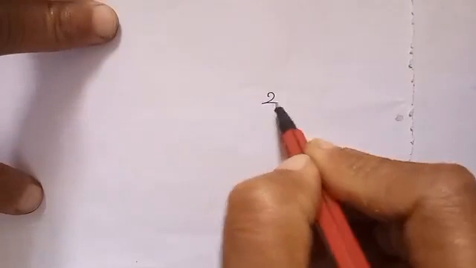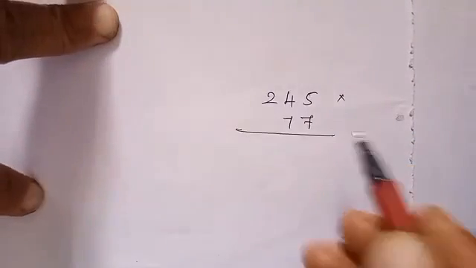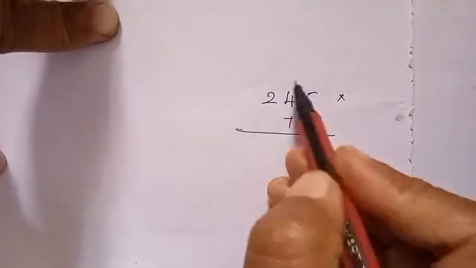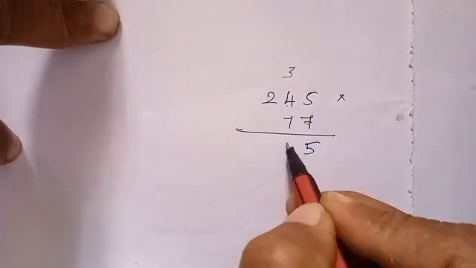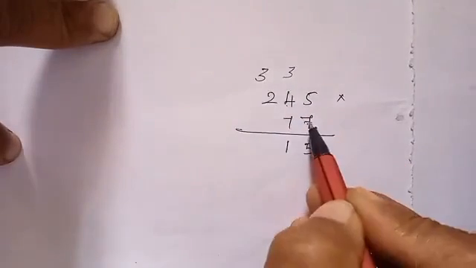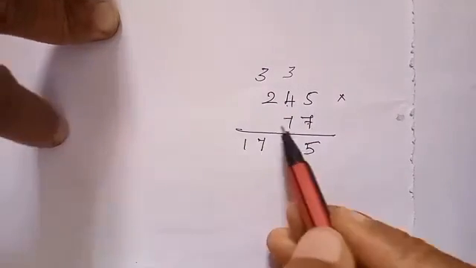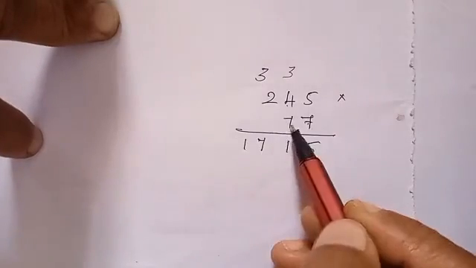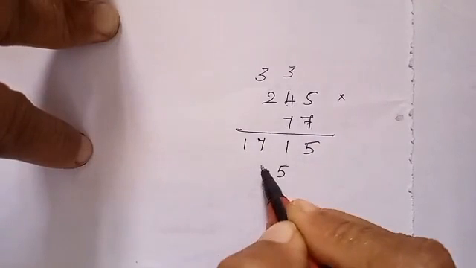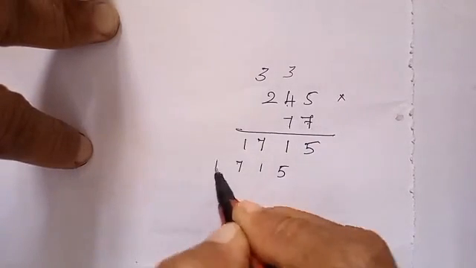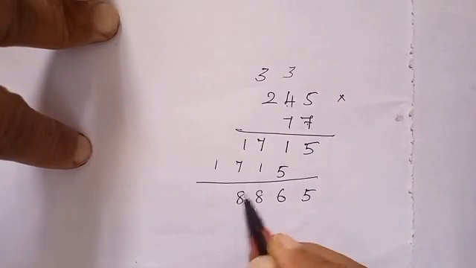See, 245 multiplied by 77. 7 5s are 35. 7 4s are 28. 28 plus 3, 31. 3 remaining. 7 2s are 14. 14 plus 3, 17. Again we are going to multiply 245 by 7. We get the same answer like this. Okay. So we can write here 5, 1, 7, 1. Add it now. 5, 6, 8, 8, 1.